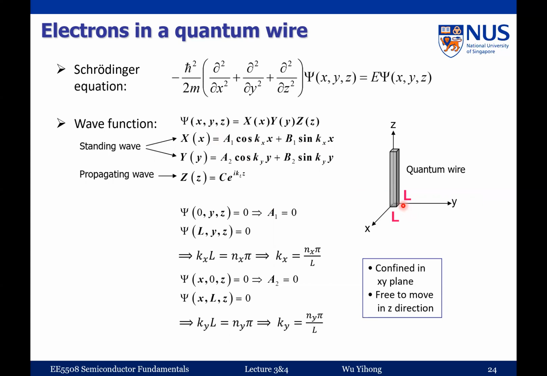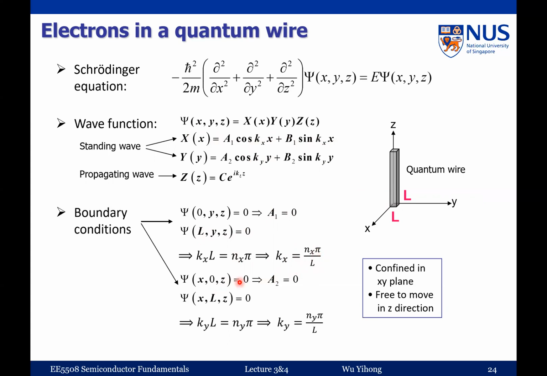And when X is L, the wave function is 0 again. From there, you can get kxL equals nπ. Now we use nx instead of n because we have another one, ny, okay? And we find that kx is quantized, which is given by this.